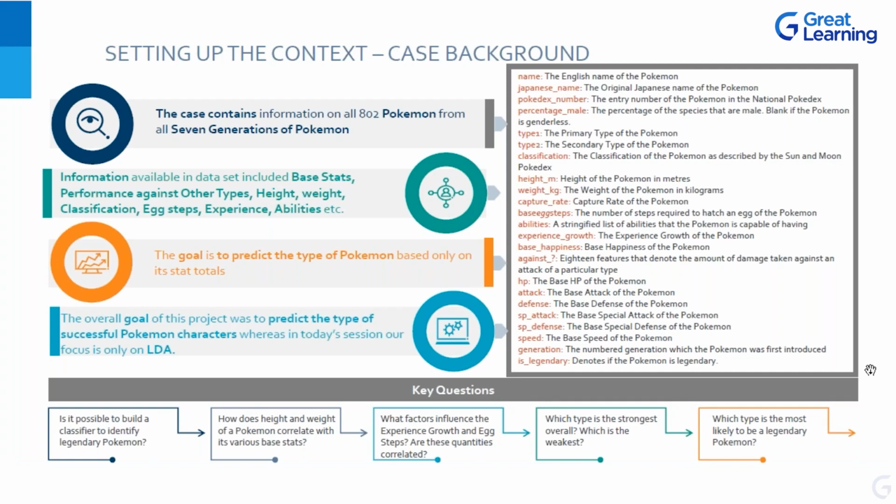The idea was to find out factors which contribute the best in terms of getting the topmost or the strongest Pokemon out in the market, so that we can build upon multiple characters based on that. So that was the overall objective.